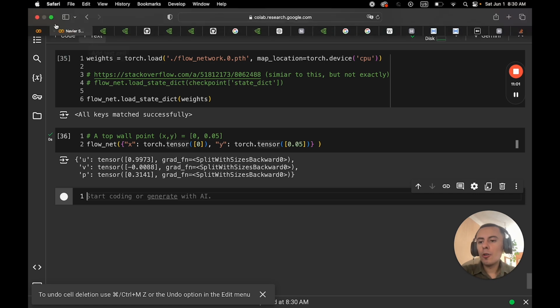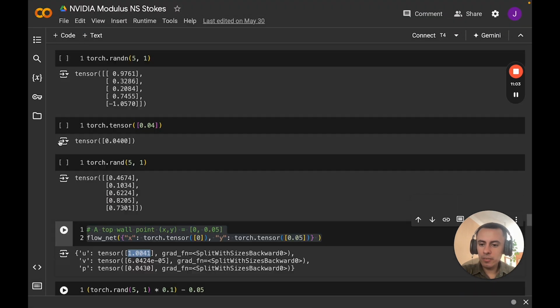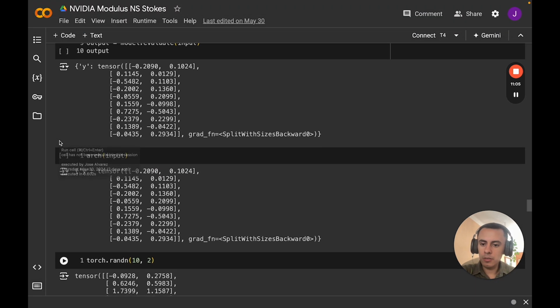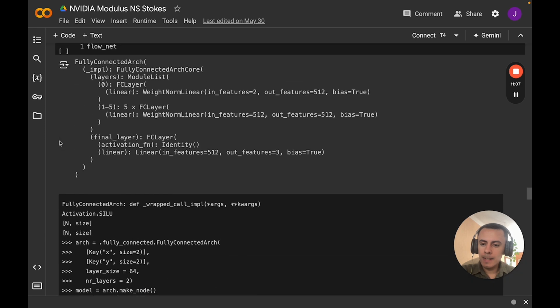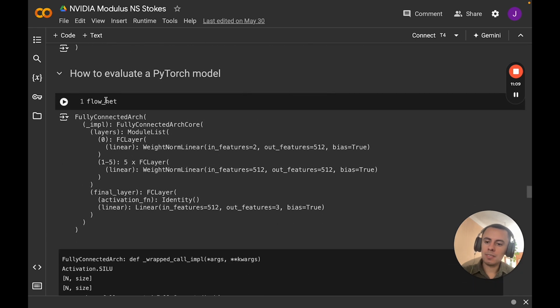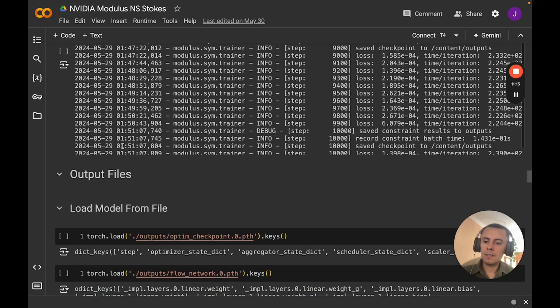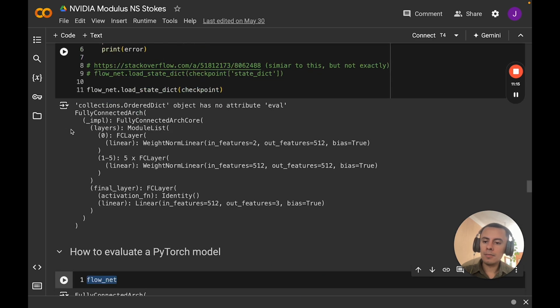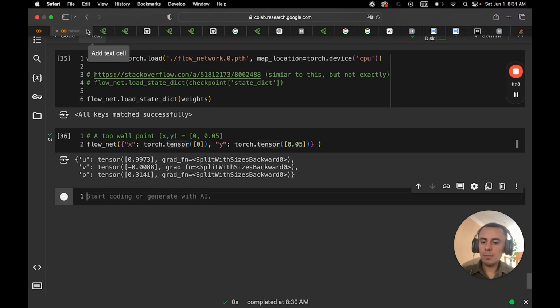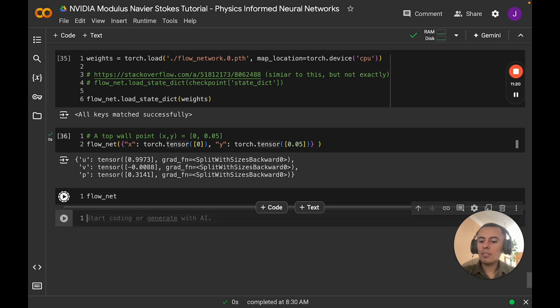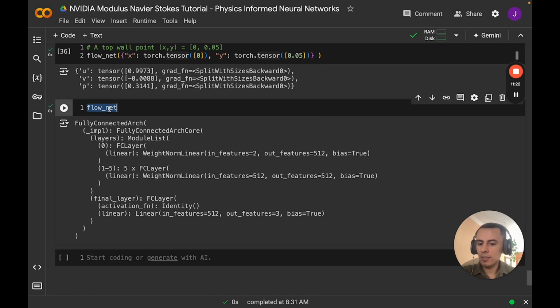Okay, so here I have more stuff with tensors that I want to talk about, because I really think it's important. Again, how to evaluate a PyTorch model. Just as a reminder, this is the fully connected architecture. It doesn't have the weights.